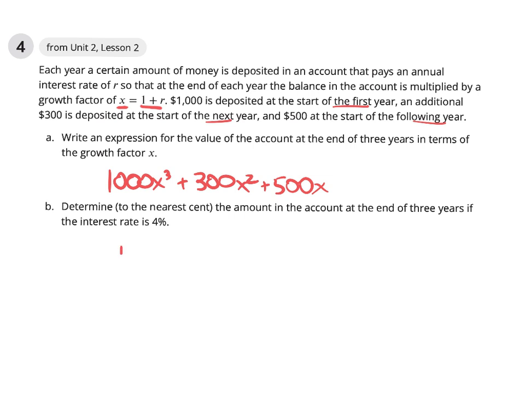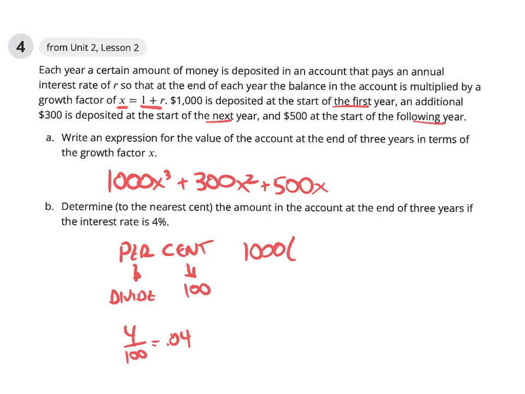4 percent, the word percent literally means divide by 100. So 4 divided by 100 is 0.04. So what you do is put this into the calculator. 1,000 times 1.04, because it's 1 plus R in our problem, cubed, I forgot to cube it, plus 300 times 1.04 squared, plus 500 times 1.04.